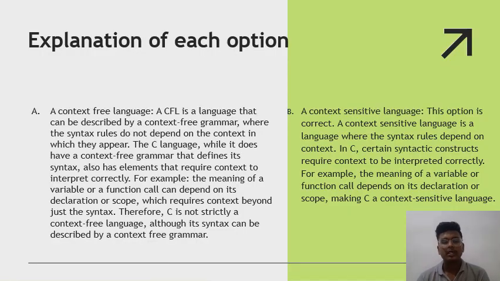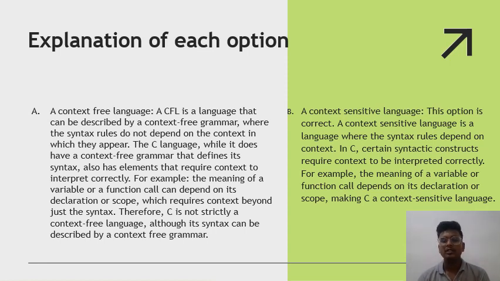Option A says it can be described by a context free grammar. A context-free language is a language that can be described by a context-free grammar, where the syntax rules do not depend on the context in which they appear. The C language, while it does have a context-free grammar that defines its syntax, also has elements that require context to interpret correctly.